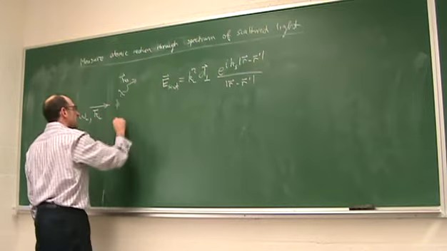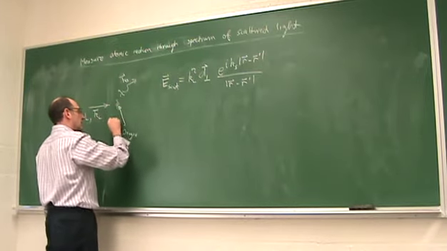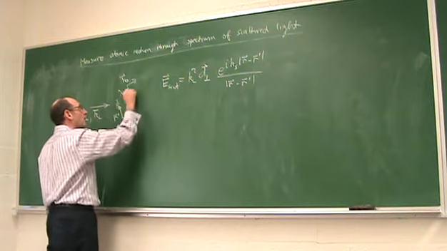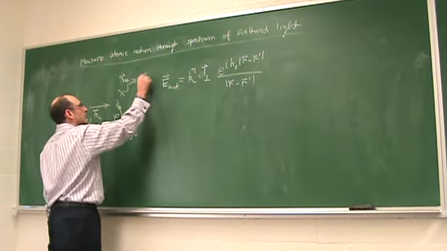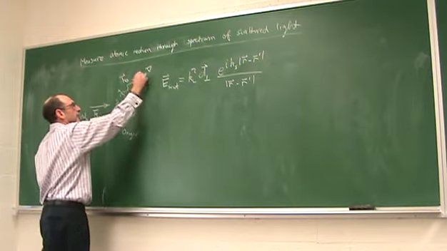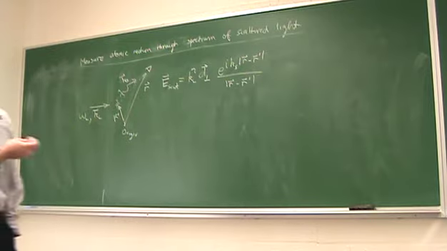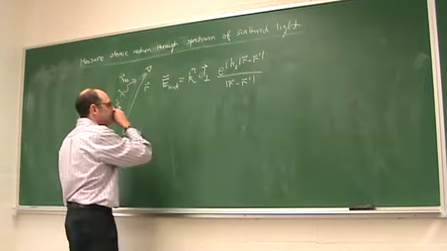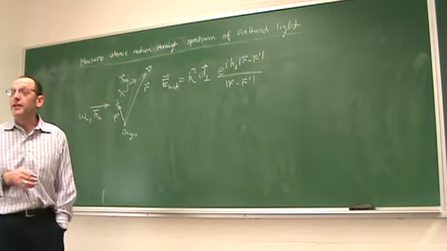So let me call, there's some origin here. This is the position of the dipole. There's some position of the observer that's looking at the scattered light in some direction. Okay? It's the usual radiation picture that one looks at. So this is just the dipole radiation formula.